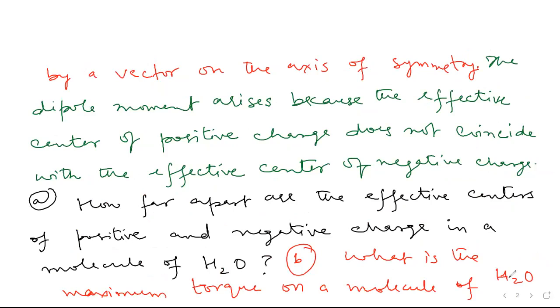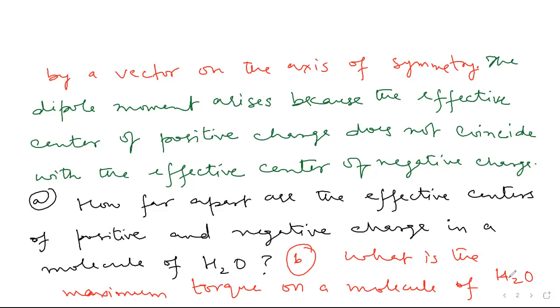The dipole moment arises because the effective center of positive charge does not coincide with the effective center of negative charge. Then part A says how far apart are the effective centers of positive and negative charge in a molecule of H2O.